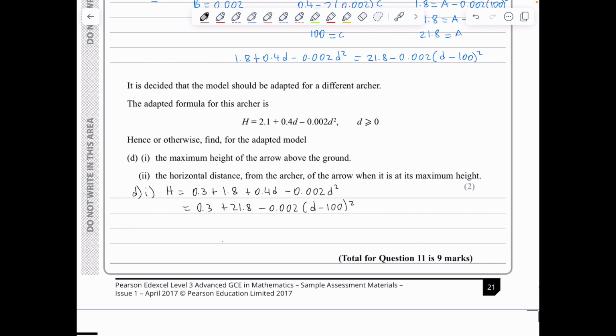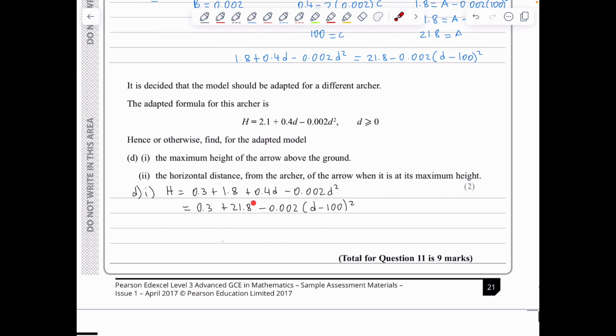So we can see that the maximum height will be attained the moment this bracket here is 0, so when d is 100. So if d is 100, we simply get that the height will be 0.3 plus 21.8. The reason is that something squared will always give you something positive.